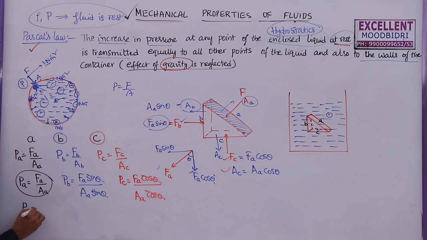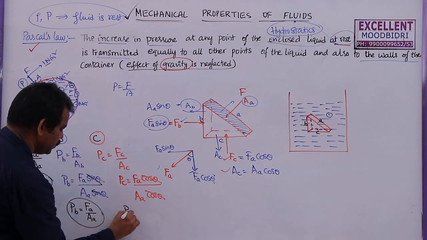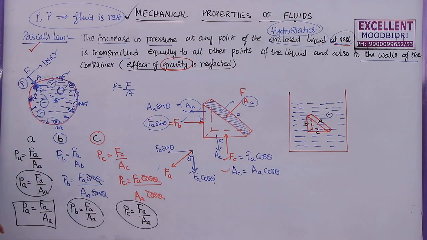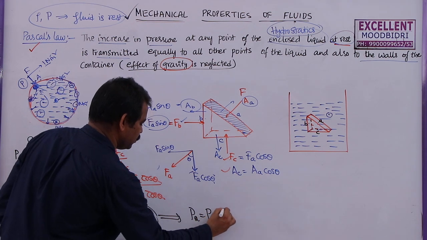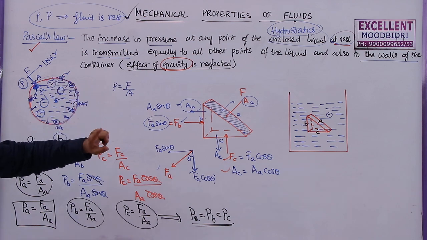Pressure at A is equal to force at A by area at A. So PB is equal, these two cancel, force at A by area at A, and PC is equal to force at A by area at A. You can see the pressure at A is equal to the pressure at B is equal to the pressure at C. So from this we can say the pressure at a given point in a fluid which is at rest is always constant. At that point pressure never changes.